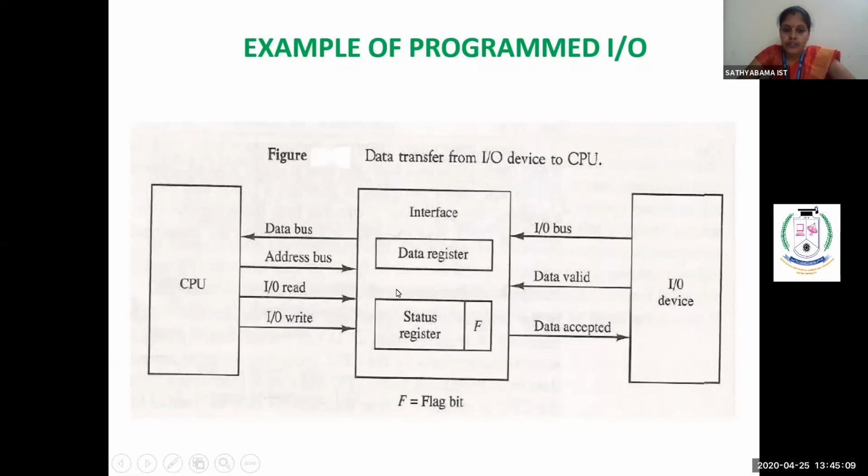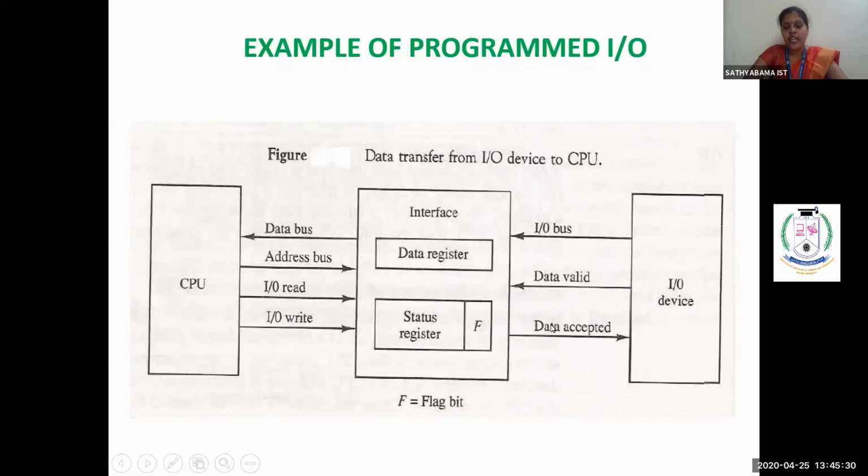So whenever the flag register is 1, the CPU understands that an interrupt is coming. From the IO read and IO write, based on that, the interrupt will be serviced. Again it comes to the status register. Whenever the interrupt is serviced, the flag register becomes 0.